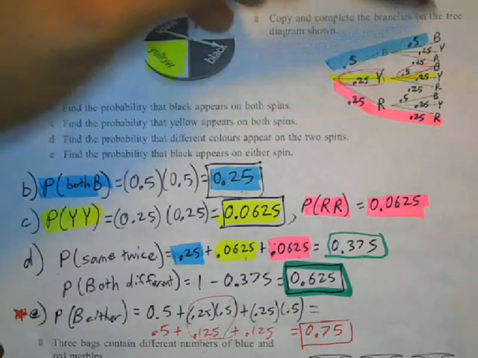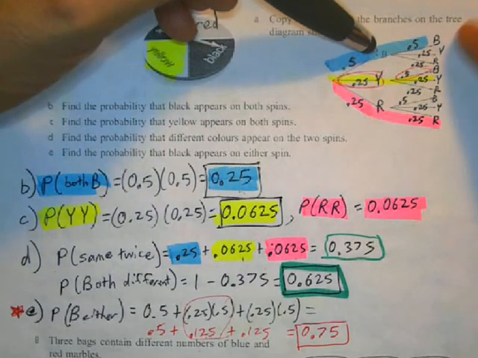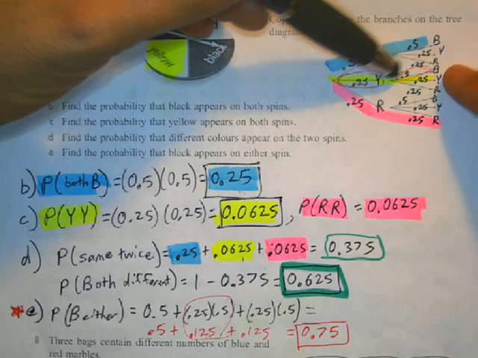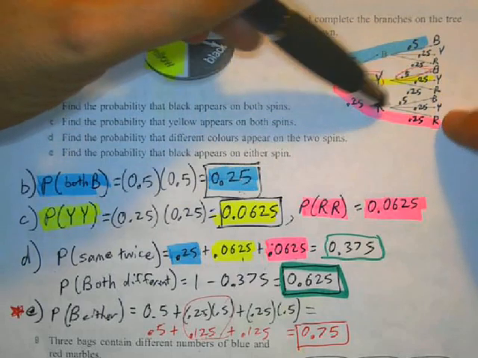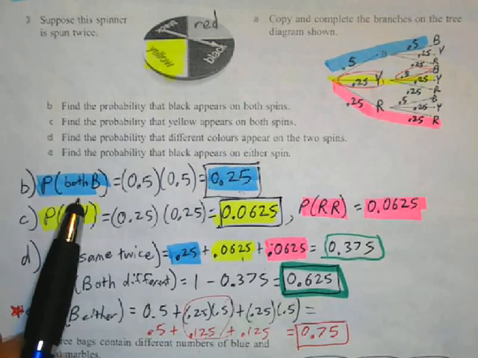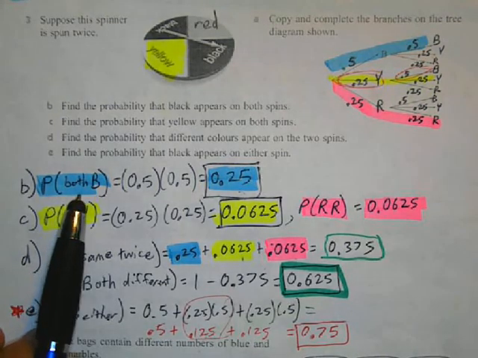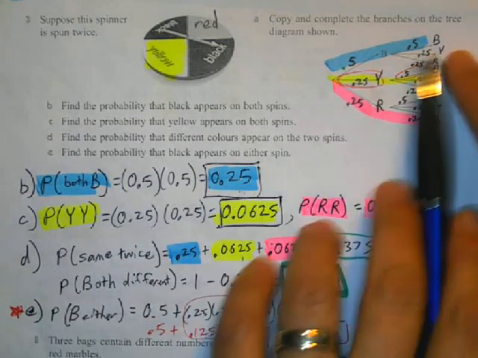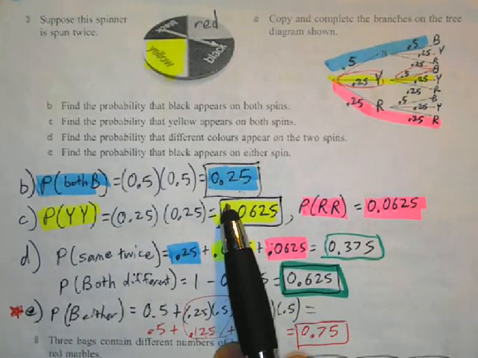And so we can fill out this tree diagram: 0.5, 0.25, 0.25, 0.5, 0.25, 0.25, 0.5, 0.25, 0.25. So what is the probability of getting black both times? 0.5 times 0.5 gives me this pathway, which gives me 0.25.